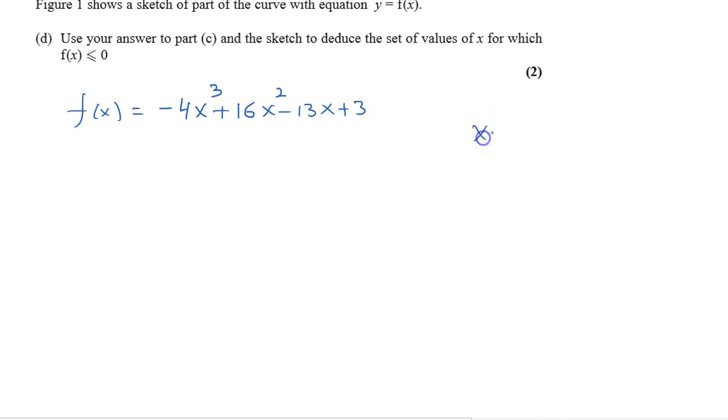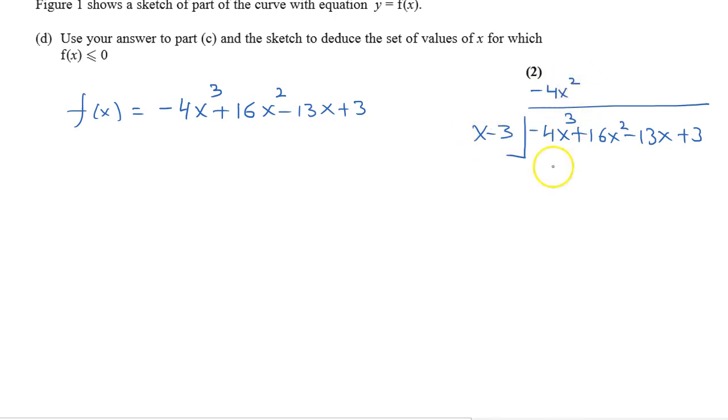Now we know x minus 3 is a factor of minus 4x cubed plus 16x squared minus 13x plus 3. This is negative 4 and this is x, so multiply by negative 4. This is x cubed, this is x, so multiply by x squared. So this is minus 4x cubed.